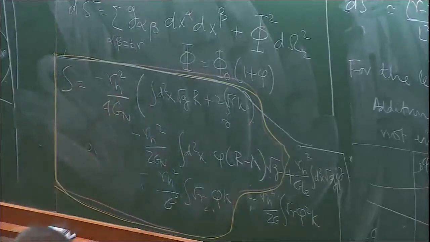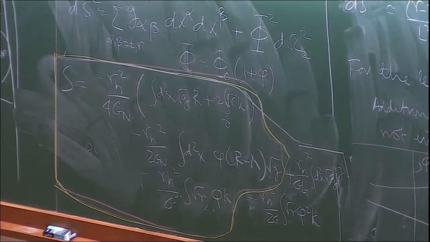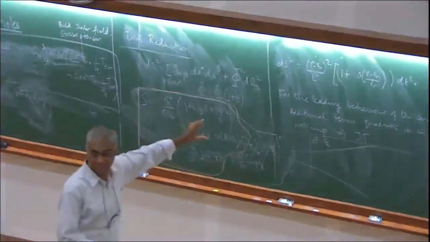And those two cancel each other, so that the answer is finite and independent of where you located your dilaton. You neglect the higher order terms. The higher order terms give you terms which are either not finite in this limit or they are subdominant in R_H, in 1 over R_H.